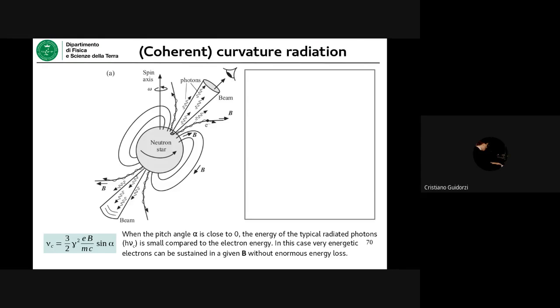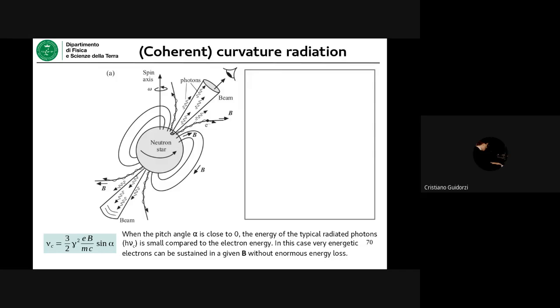When the pitch angle is close to zero, the acceleration due to the magnetic field, just what we studied about synchrotron radiation, is negligible. So these particular electrons, with very small pitch angle, lose energy through a different mechanism.